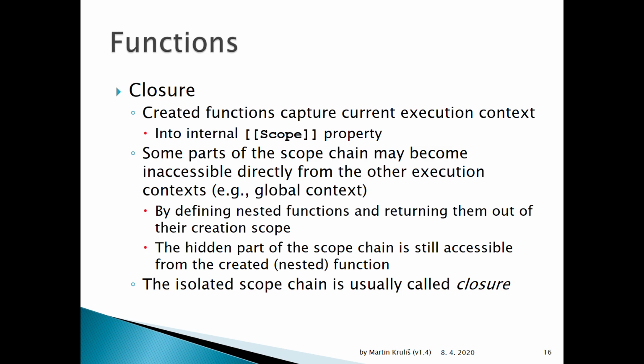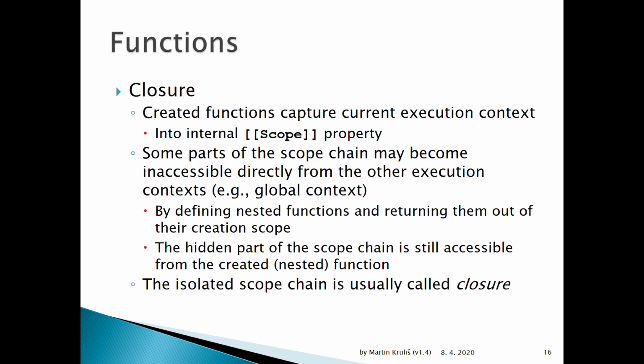So by defining nested functions and returning them out of their original creation scope, you basically create a hidden execution context which is native to this function only. So it's visible only when you invoke this particular function. In general, this technique is called closure.